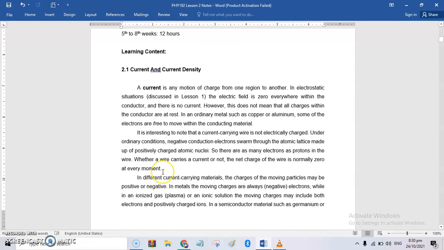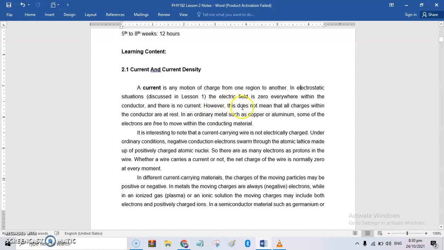Learning content 2.1, current and current density. A current is any motion of charge from one region to another. In electrostatic situations, like those discussed in Lesson 1, the electric field is zero everywhere within the conductor and there is no current.